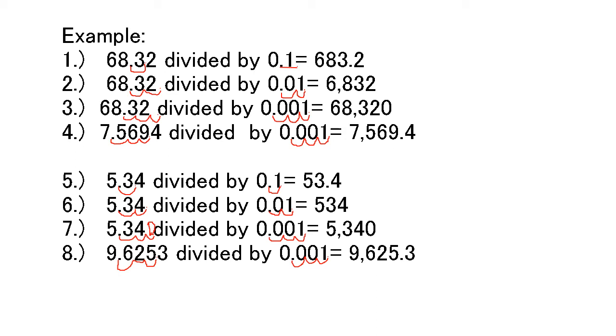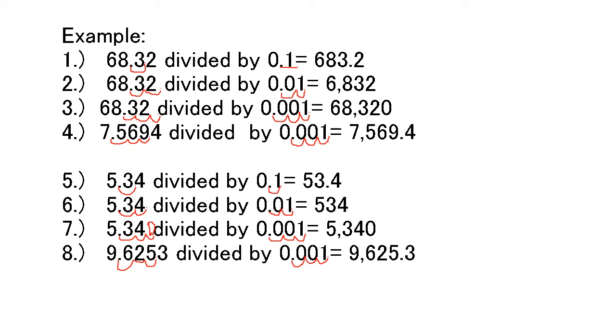So let's move 1, 2. So it becomes now a whole number. Now in the dividend, we also move 2 places to the right, what we have done in the divisor. So let's move 1, 2. So the answer is 534.